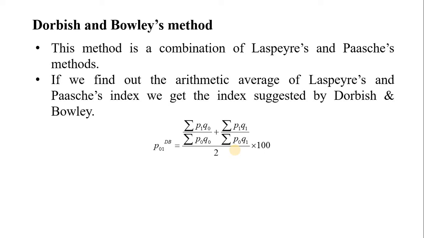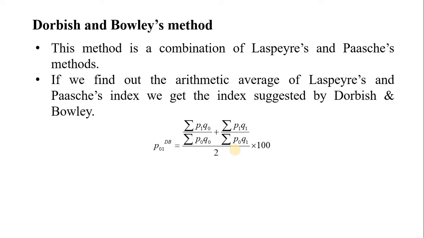Instead, they have taken a combination of the Laspeyres and Paasche methods, where the Laspeyres method assigns Q0 as the weight, and the Paasche method assigns Q1 as the weight. So what Drobisch and Bowley are doing is taking a combination of both.